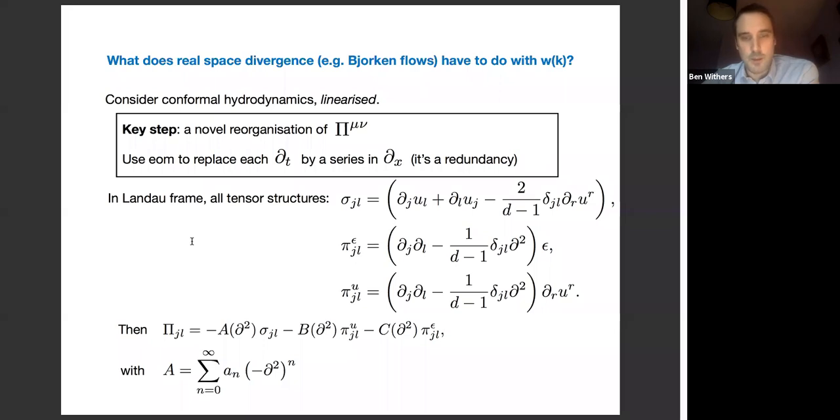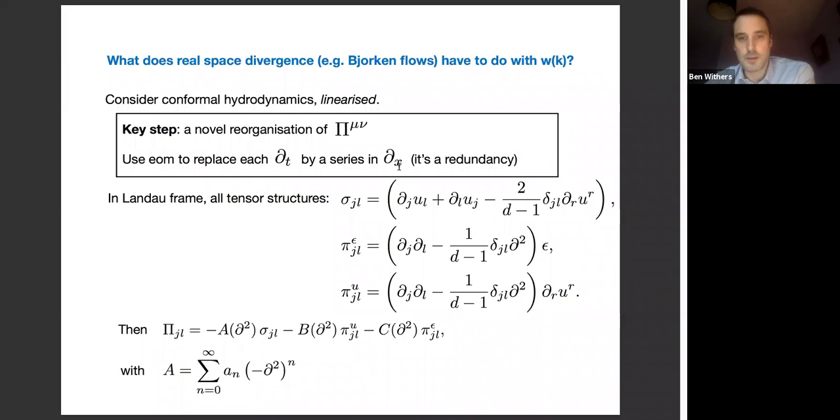The key step, I would say, in this analysis is a reorganization of time derivatives in hydrodynamics. Traditionally, you would pick a frame, and you also have a redundancy associated to equations of motion. The choice there seems to be arbitrary, but one choice you can make is to replace any time derivatives that you see by spatial derivatives, or series in spatial derivatives.